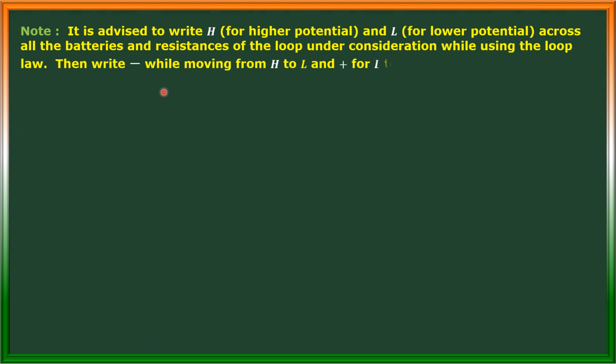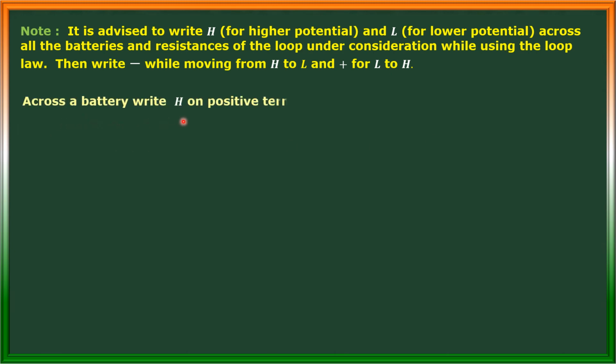Then write minus while moving from H to L and plus for L to H. That is, in moving around a loop, if we cross an element from higher to lower potential, then take the potential difference across that element as negative, and if we cross the element from lower potential to higher potential, then take the potential difference across that element as positive. Okay.